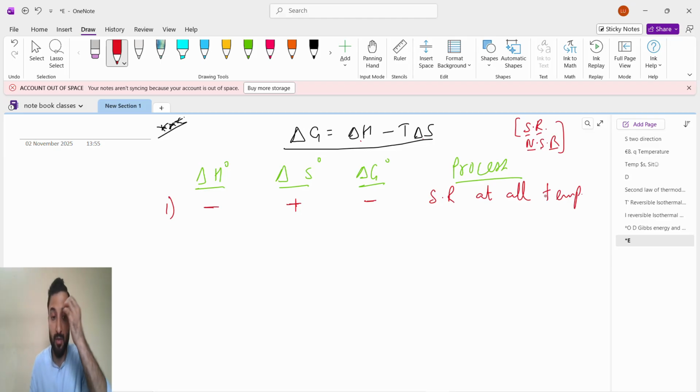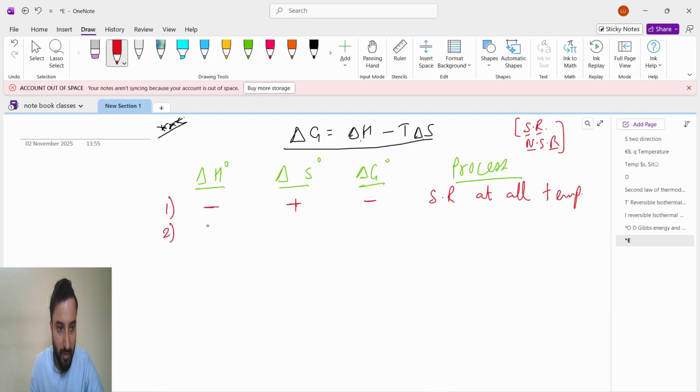This is important guys, because here we have 3 temperature ranges. All temperature means at low temperature also and at high temperature also.